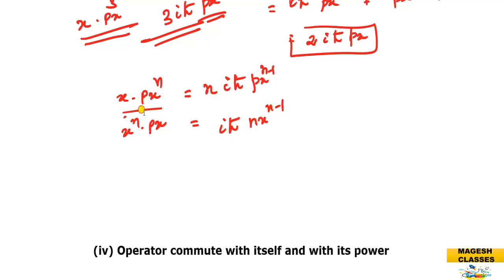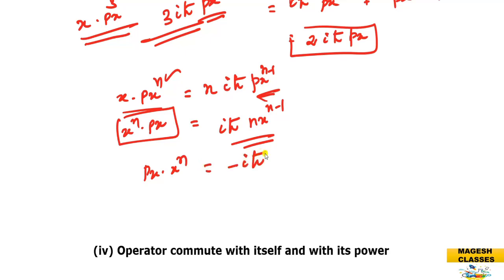So x in the power, the value is like this. Px in the power, you have to apply px. Then px into x power n is equal to minus I h cut n x n minus 1. Px power n x is equal to minus n I h cut n px n minus 1.